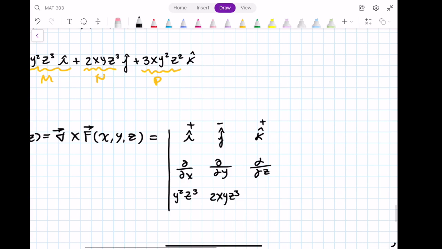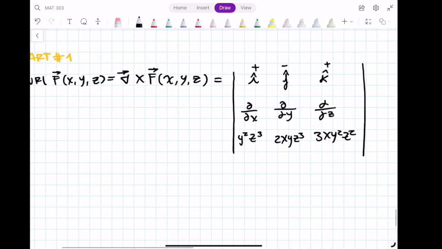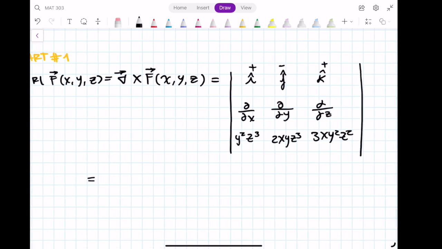And P will be 3xy squared c squared, right? As we know, we can just solve this. I did it before, so I'm just going to give you the answer and show you how I did it, right?